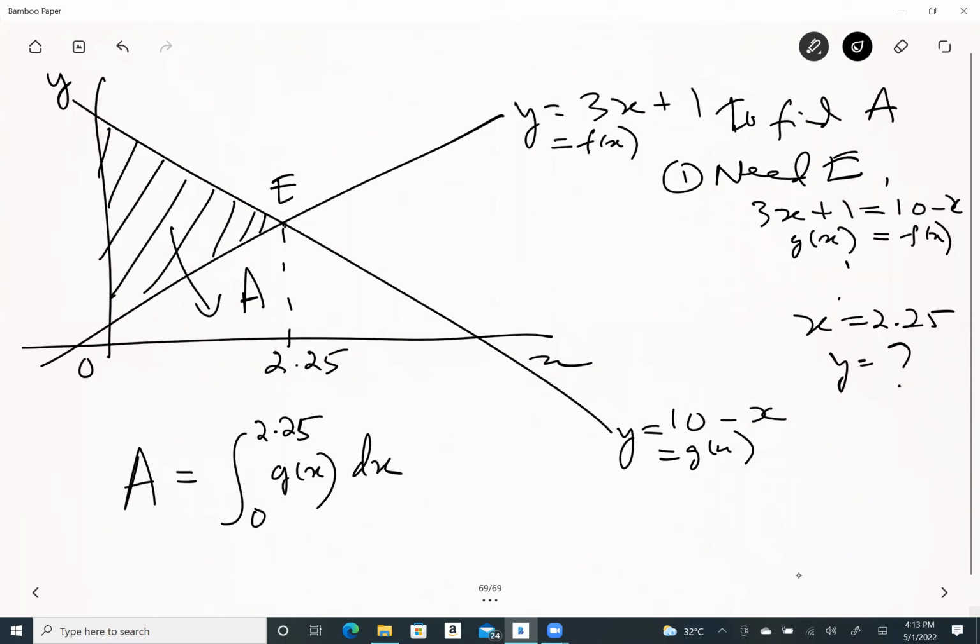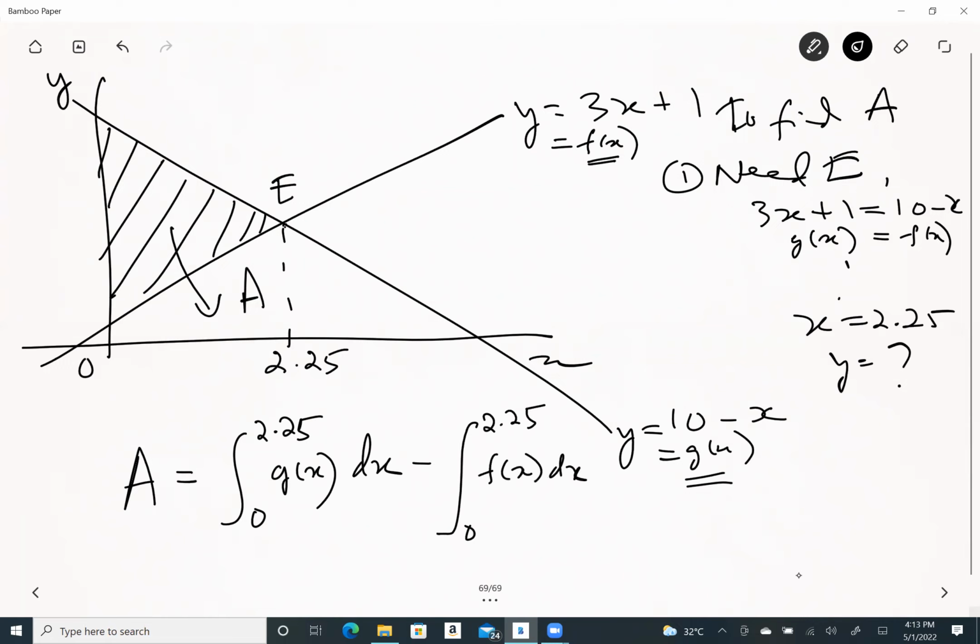Sometimes instead of using y equal to something, you use f of x, g of x, so that I can differentiate the function. And then I have to take out the integral from 0 to 2.25 of f of x dx.